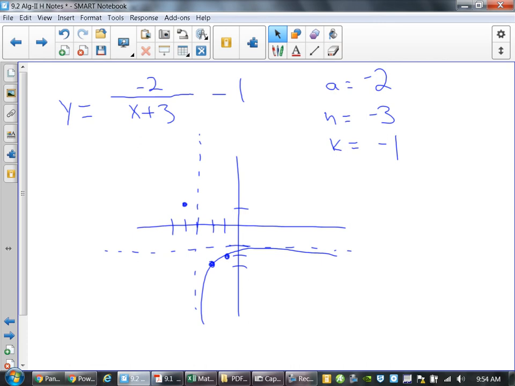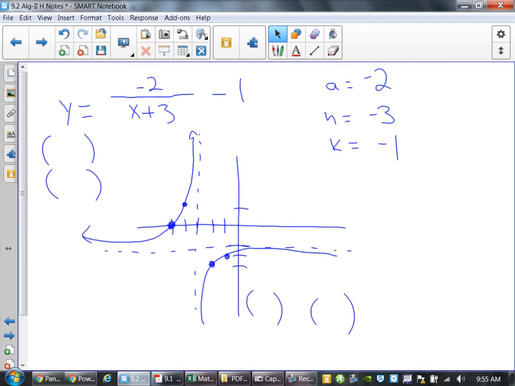Go to -5. -5 plus 3 is -2, and -2 divided by -2 is +1. 1 minus 1 is 0. So it's doing this.